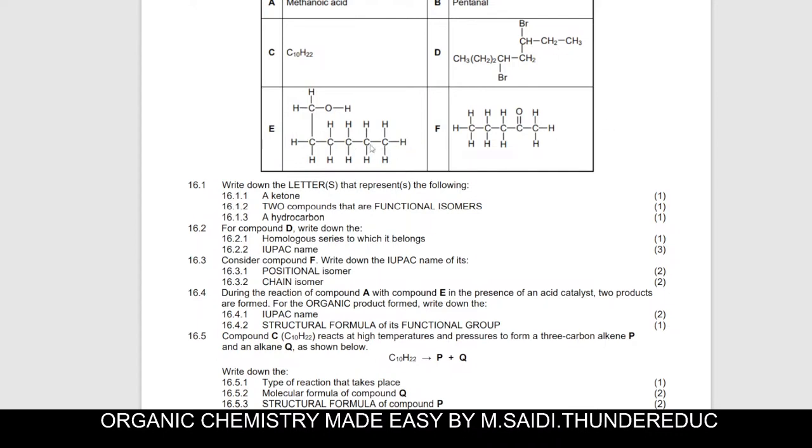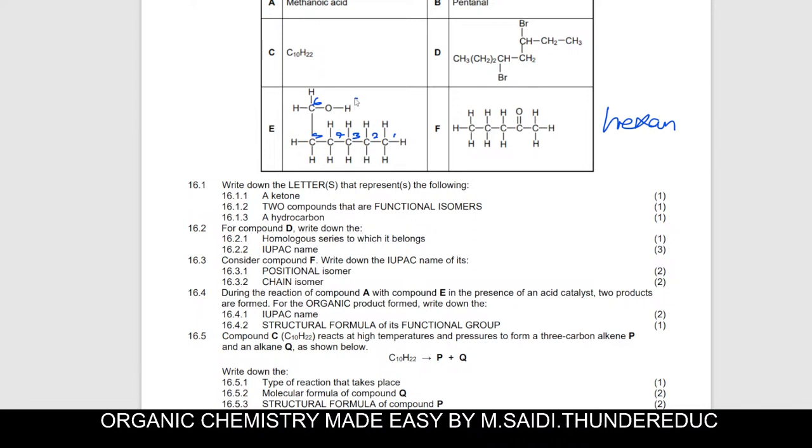If you are to count, you're going to count by saying this is 1, this is 2, this is 3, this is 4, this is 5, this is 6. There is no branch there. So it becomes 1, 2, 3, 4, 5, 6. So 6 is hexane. You go up to there. Don't forget it's an alcohol.